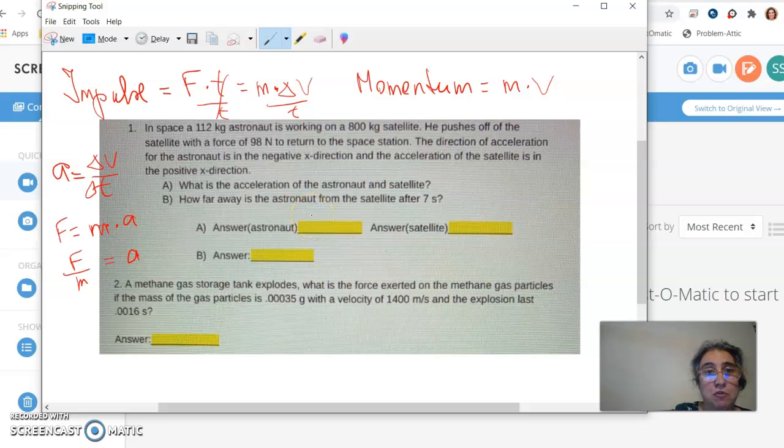In this case, the force was 98, and the force is the same for both, because once you apply a force to an object, the object responds with the same force back. So that would be divided by the mass of the astronaut, which is 112 kilograms.